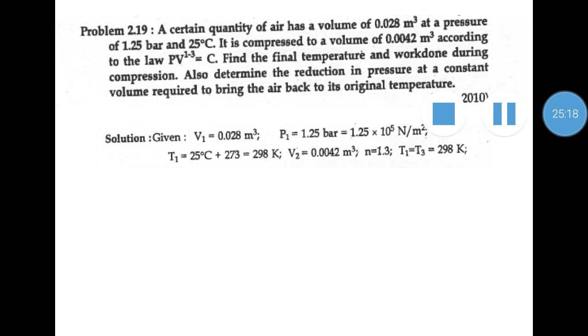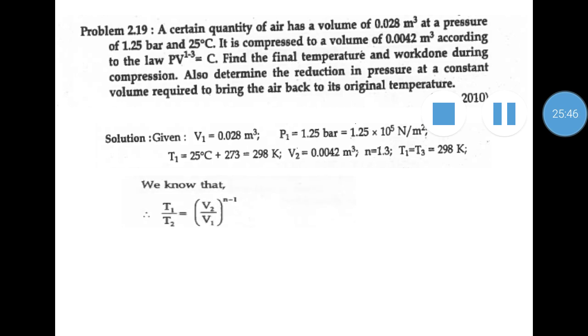It is in degrees Celsius, so we have to convert it into Kelvin. 25 degrees Celsius plus 273 is equal to 298 Kelvin, and the final volume V2 is equal to 0.0042 meter cube, and the polytropic index n is equal to 1.4. Here T1 is equal to T3, that is 298 Kelvin, to bring it back to its original temperature.